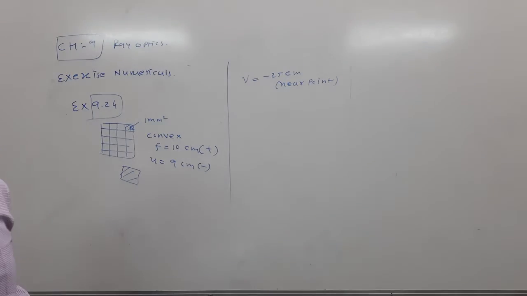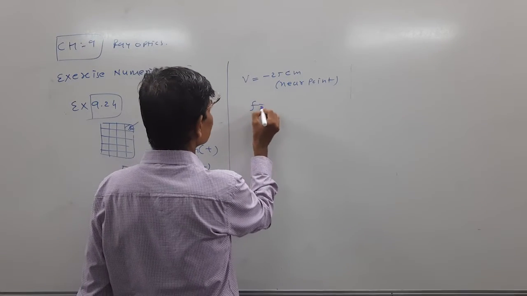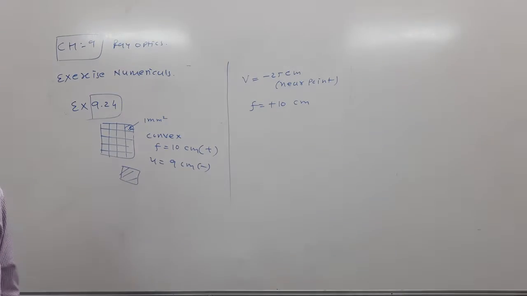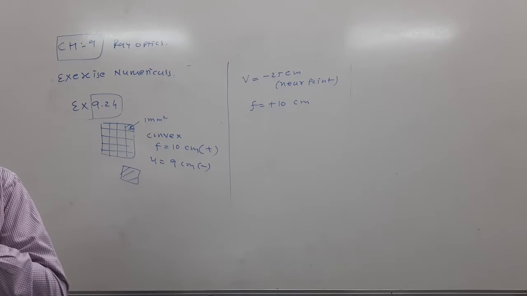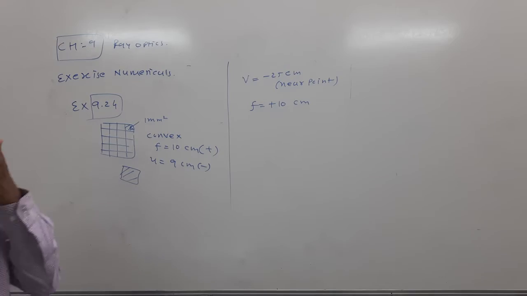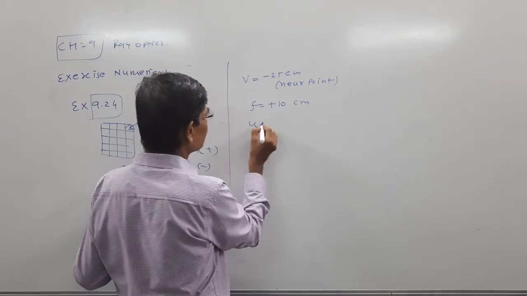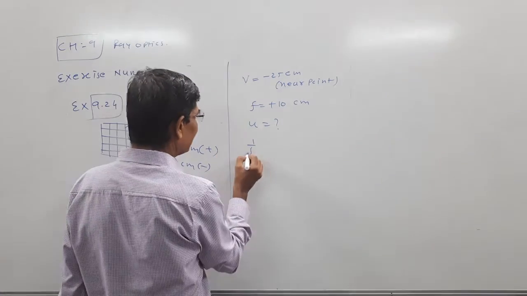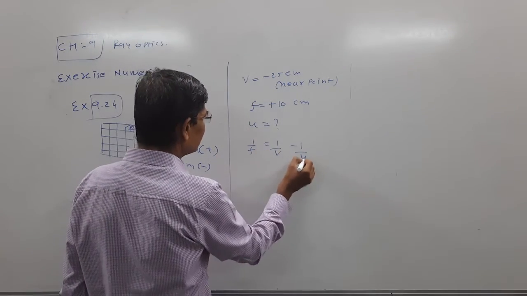The focal length will remain the same. Now we have to find out the object distance here. We use the lens formula: 1 by f is 1 by v minus 1 by u.